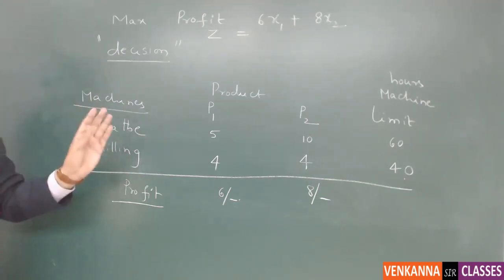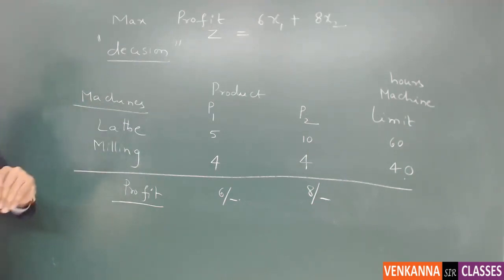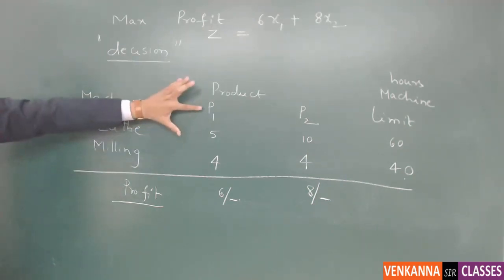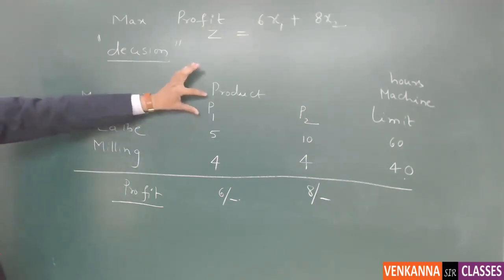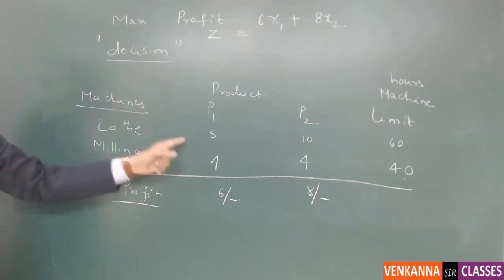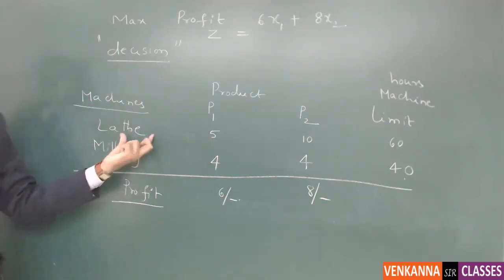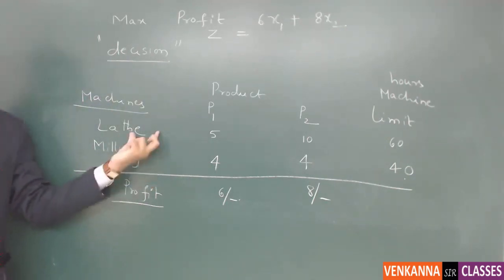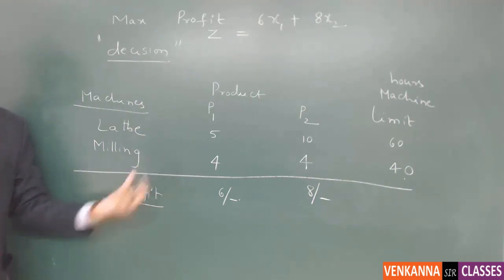So I am going to build the constraints for this. Please understand that if I want to manufacture P1, it must undergo two stages: machine 1 and machine 2, the lathe machine and the milling machine.